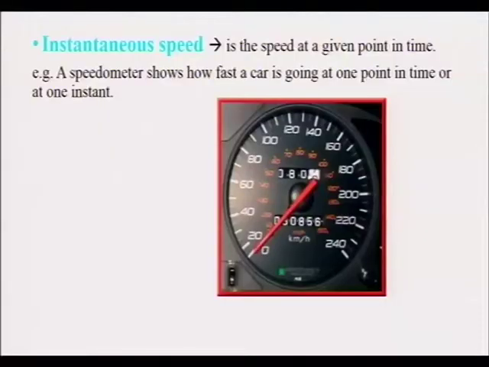It just shows the speed of the car at that point in time. So this speedometer is showing the instantaneous speed. As soon as the car starts speeding, it shows how the speed is. As soon as the car is slowing down, the speedometer also slows down. So that reading shows the speed at a point in time, which is what we call instantaneous speed.